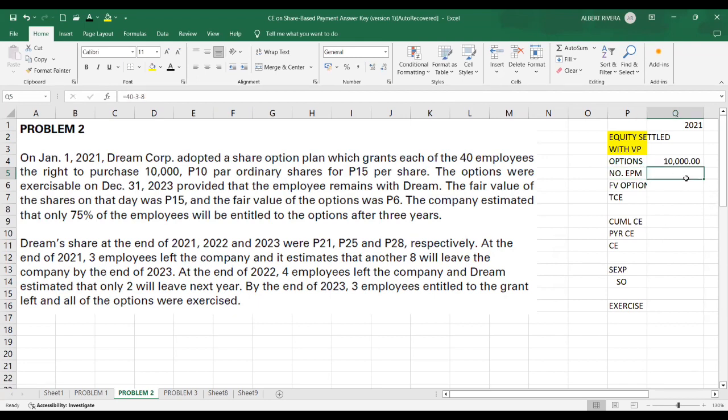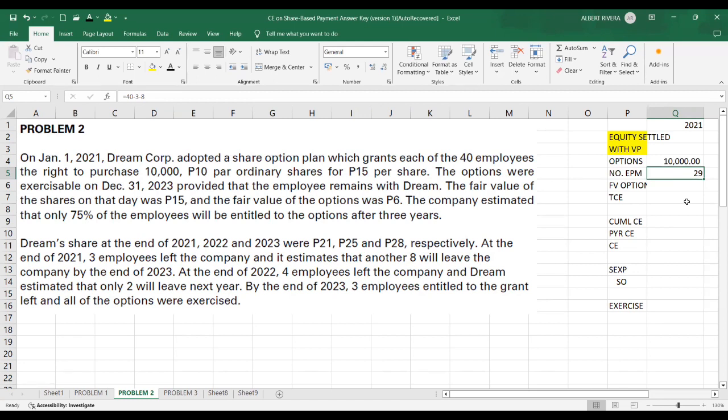So that is 40 minus 3, and it is estimated that another 8 will leave the company by the end of 2023. So the number of employees estimated to exercise the options at December 31, 2023 is 40 employees minus 3 left in 2021 and minus 8 expected to leave the entity by the end of 2023. So there is now a number of employees equivalent to 29.